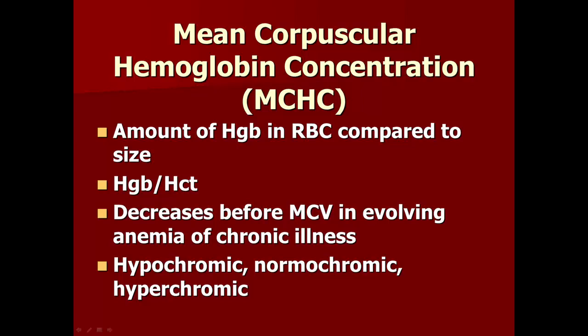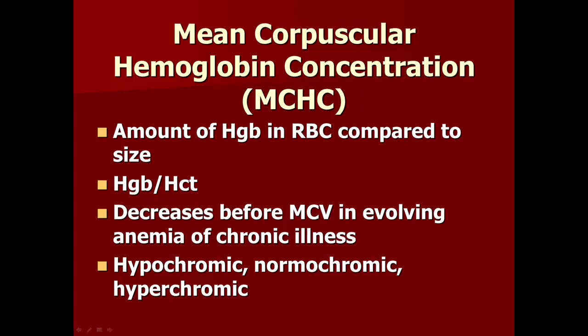Now, we use the MCHC in our overall classification and description of anemia as well. Because it's the hemoglobin concentration, this is what tells us something about the color of the red blood cell. So if they have a low MCHC, they would be hypochromic.